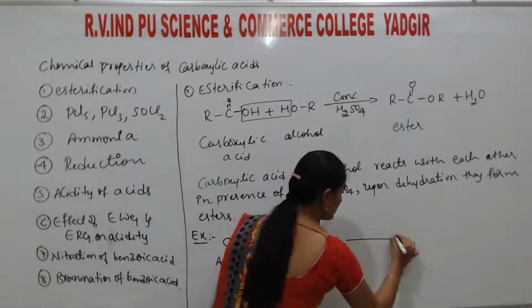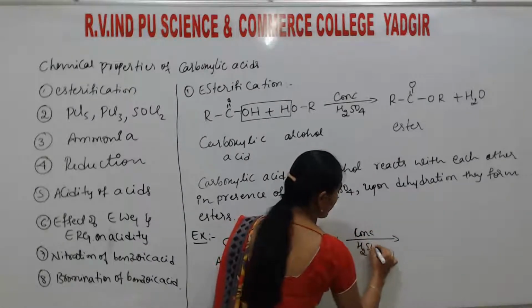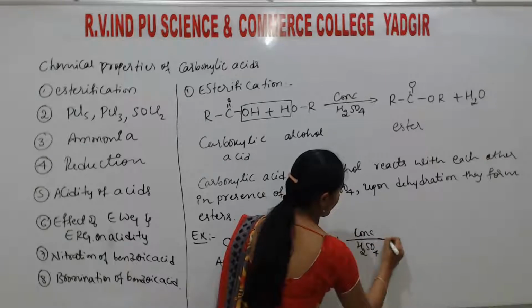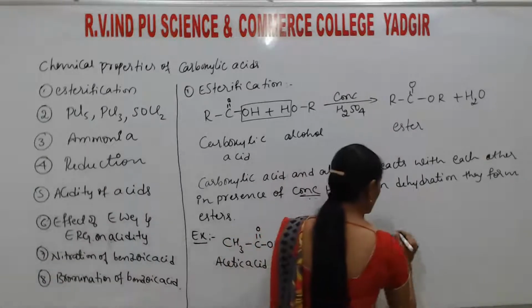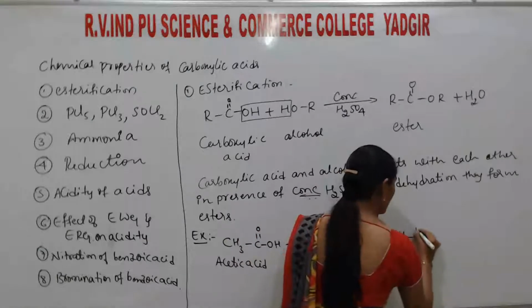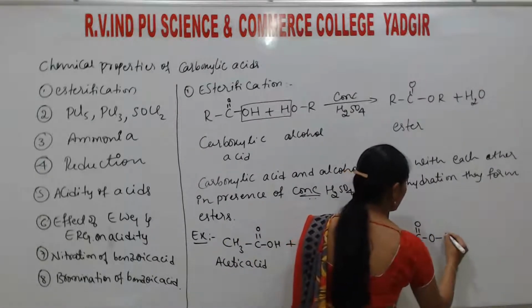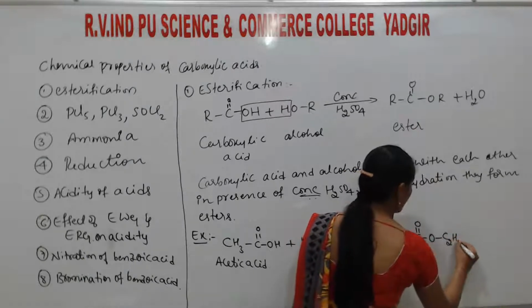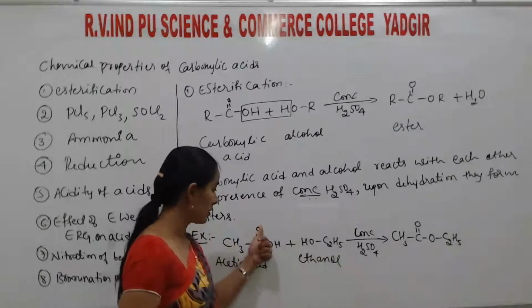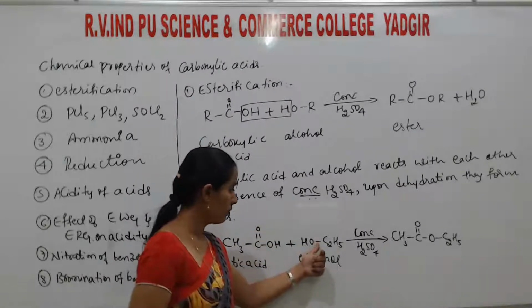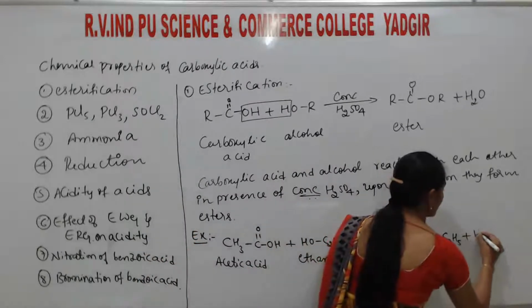When they are made to react with concentrated H2SO4, what is the product formed? Here CH3, C double bond O, C2H5, this one: CH3COOC2H5 plus H2O.